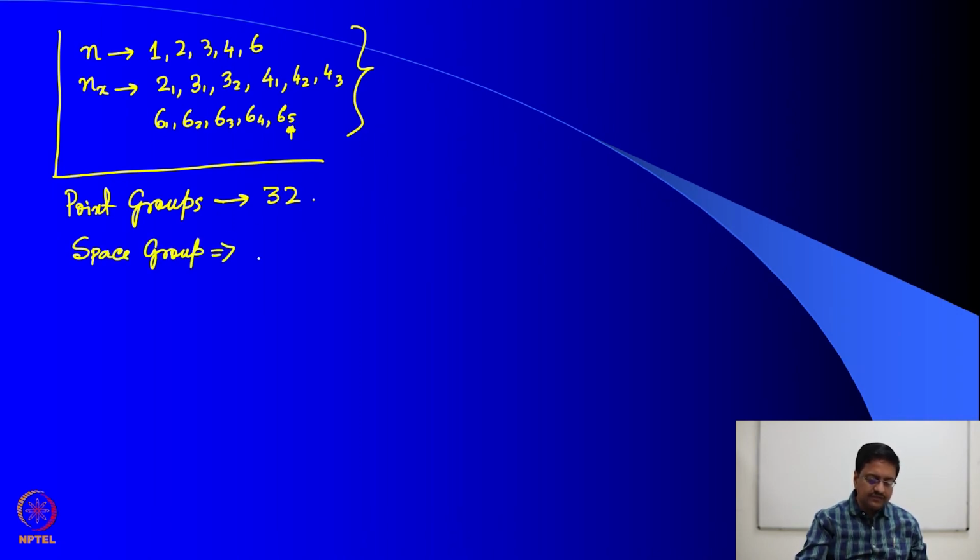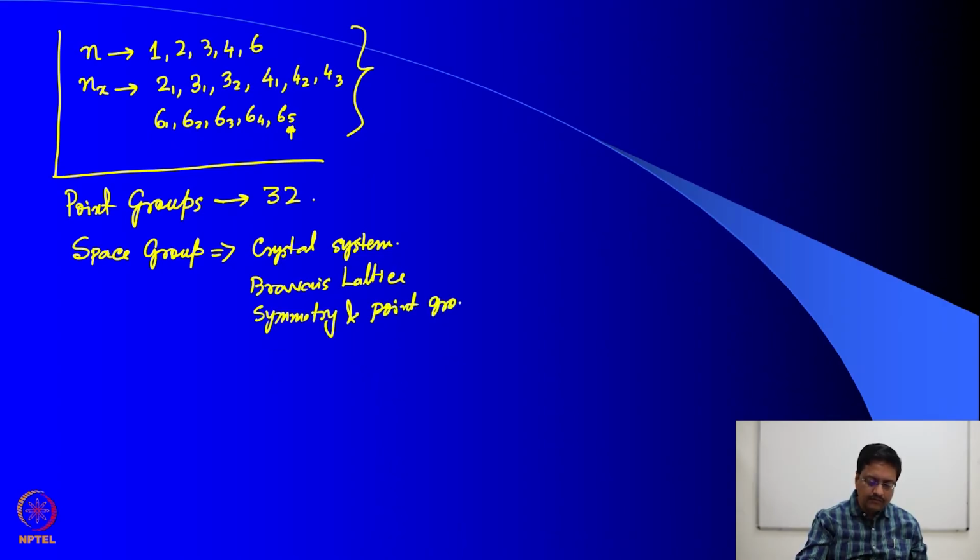It is a combination of the information from crystal system, Bravais lattice, the information of symmetry and point group. All these are included in one notation called the space group, and there are 230 possible space groups.